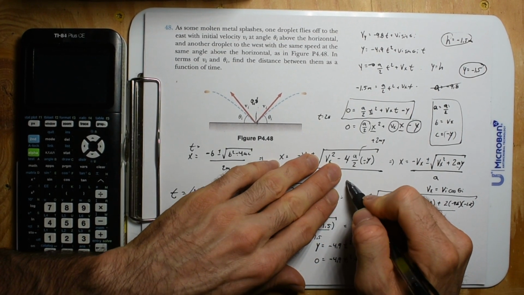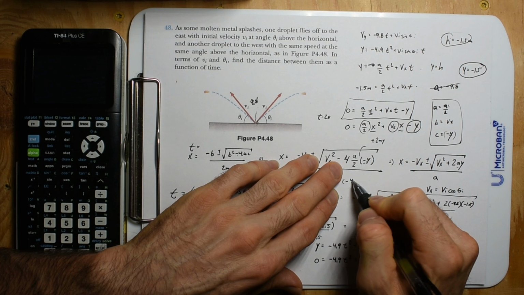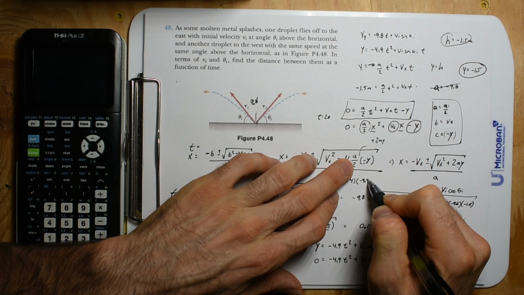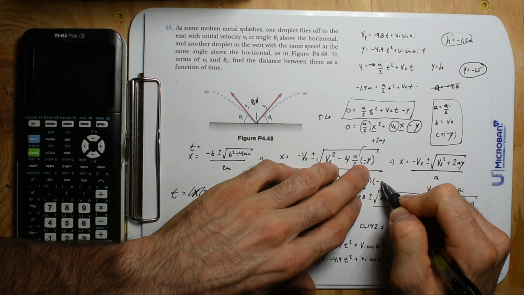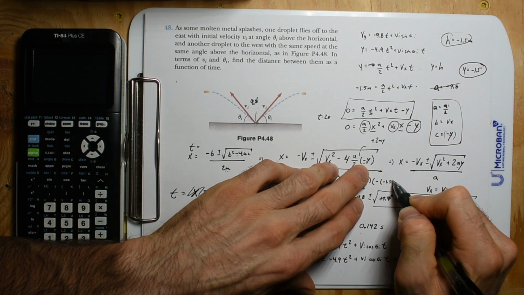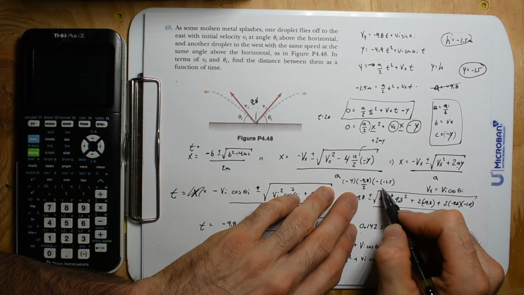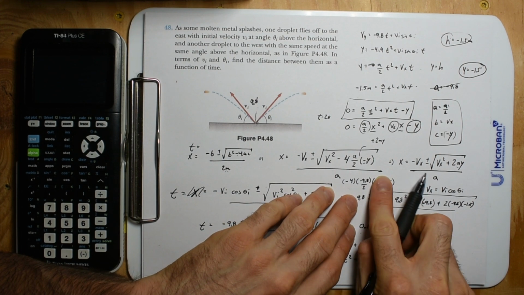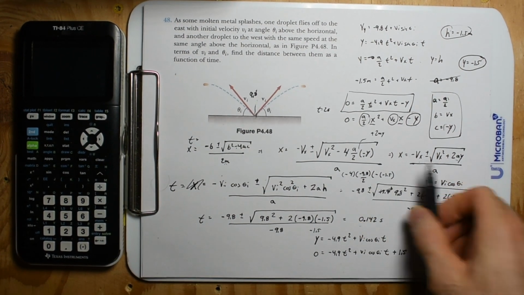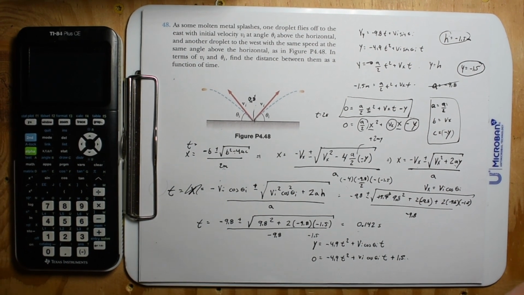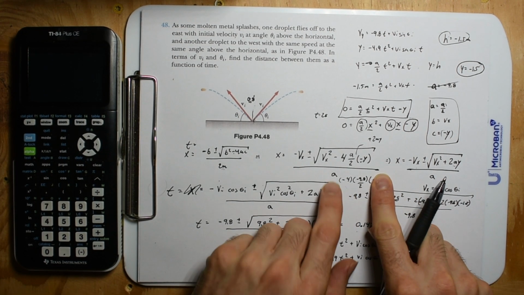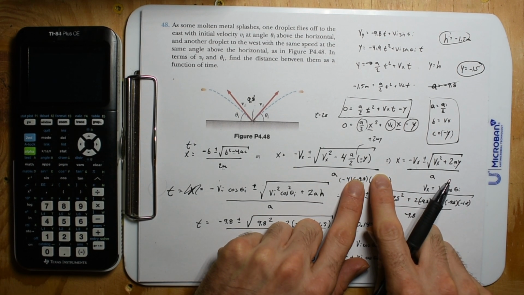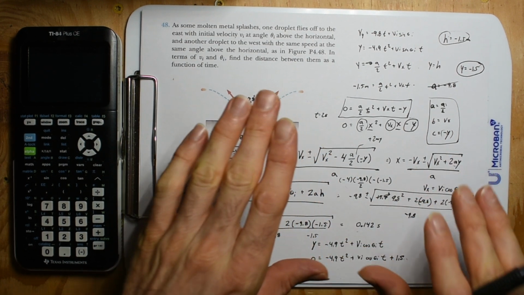Because if we did this one, we would have negative 4 times negative 9.8 divided by 2 times negative 1.5. You know what I mean? So this would be a positive, and then these two things would be a positive, and then we would just have a positive answer.